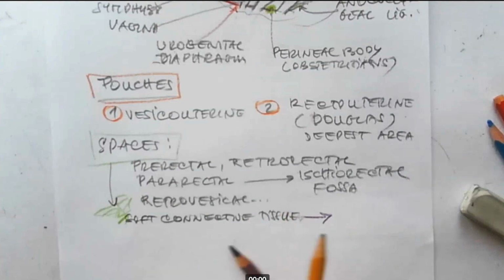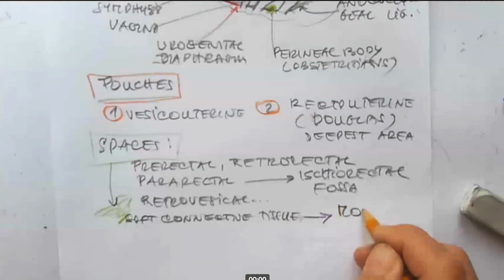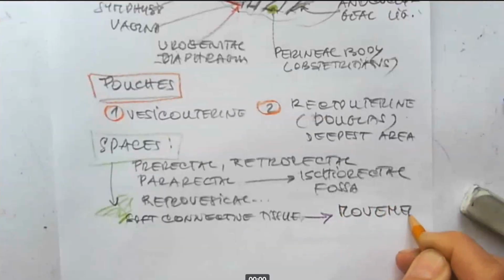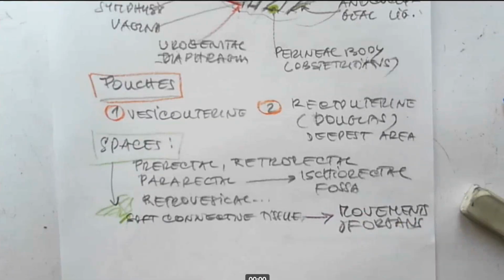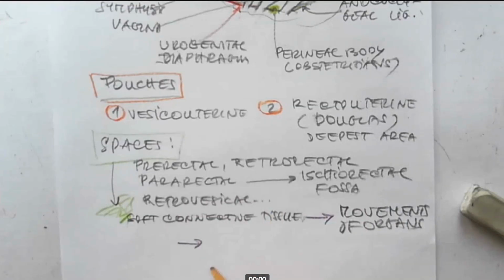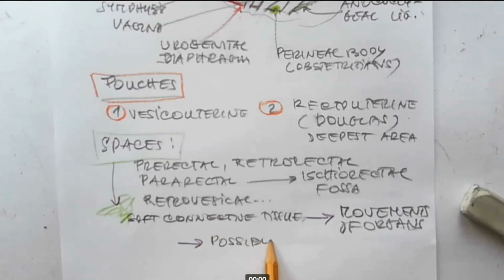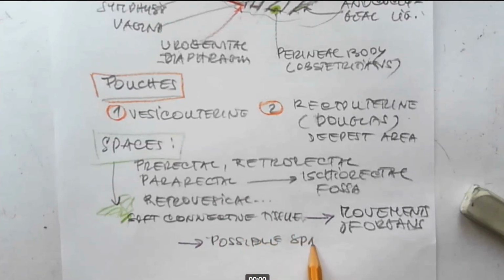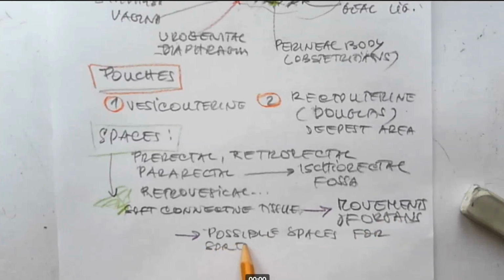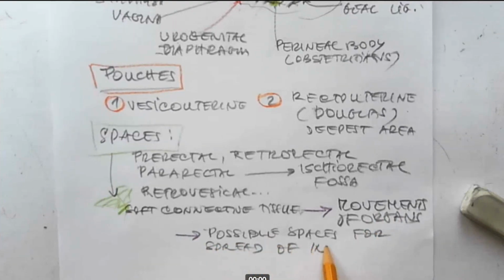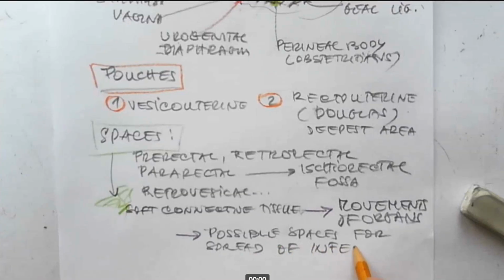But on the other hand, this is also important for clinics. They represent possible spaces for spread of infection, or routes of infection, right?